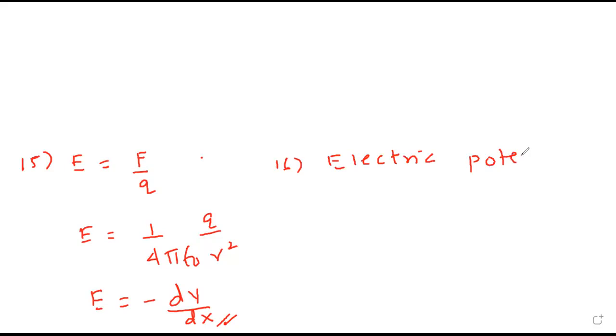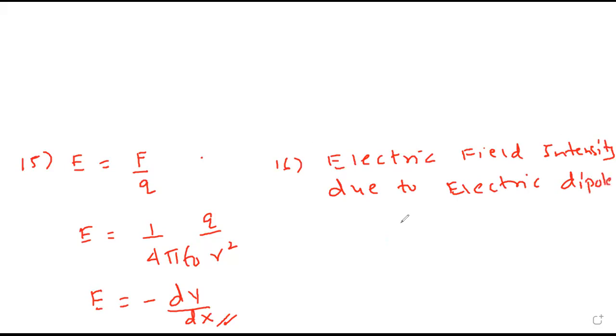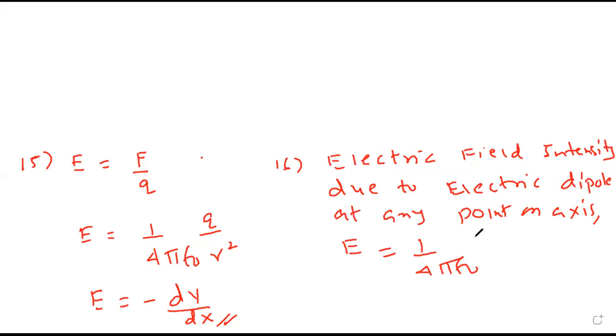Electric field intensity due to electric dipole at any point on axis: E equals 1 upon 4 pi epsilon naught 2p upon r cube.